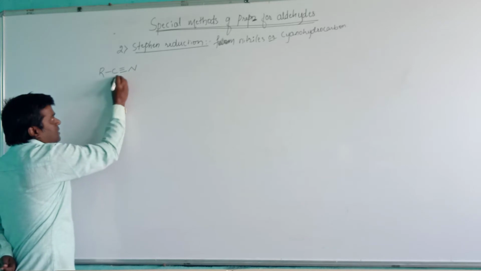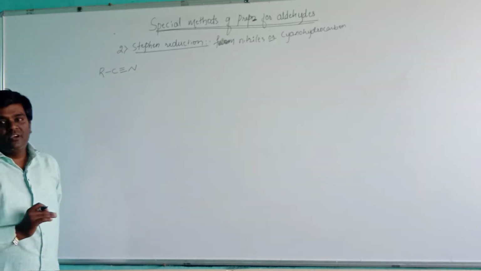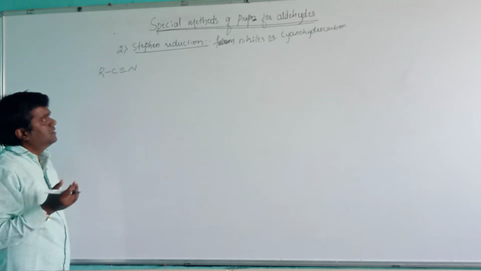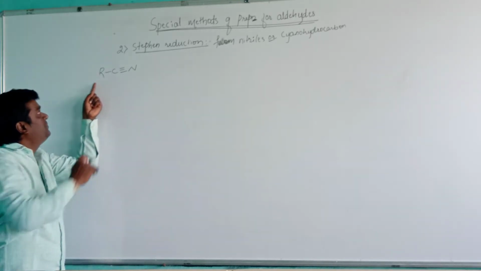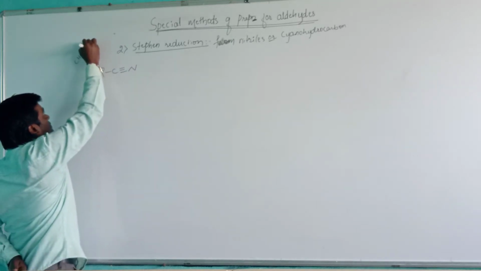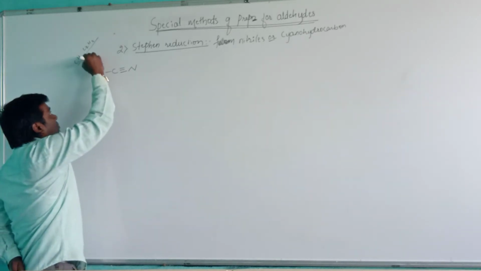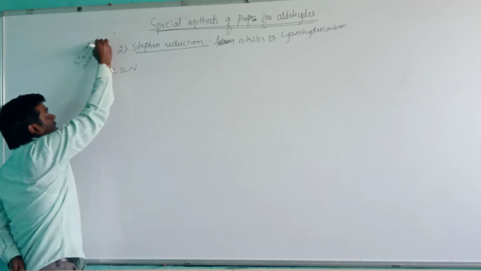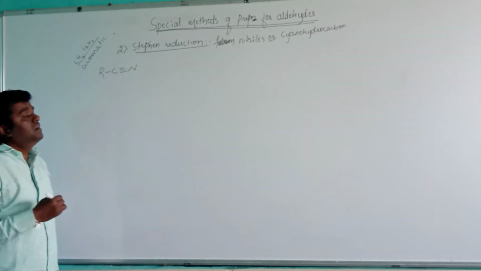The cyanide, that is carbon and nitrogen bonded with the help of a triple bond, are known as nitriles or cyanohydrocarbons. The R may be CH3 or C2H5, that is an aliphatic carbon chain, or an aromatic carbon chain.